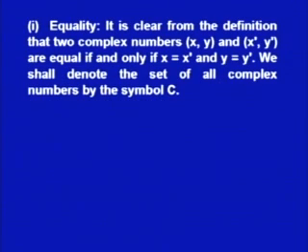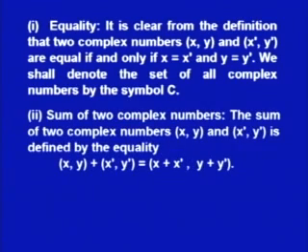The first operation, that is equality. It is clear from the definition that 2 complex numbers (x, y) and (x dash, y dash) are equal if and only if x equal to x dash and y equal to y dash, that is their real and imaginary parts are respectively equal. We shall denote the set of all complex numbers by the symbol C. The second operation, sum of 2 complex numbers.